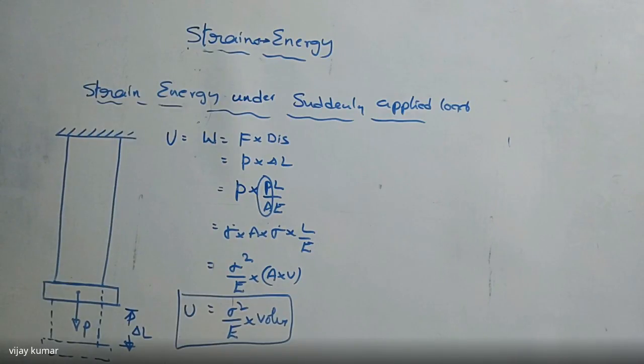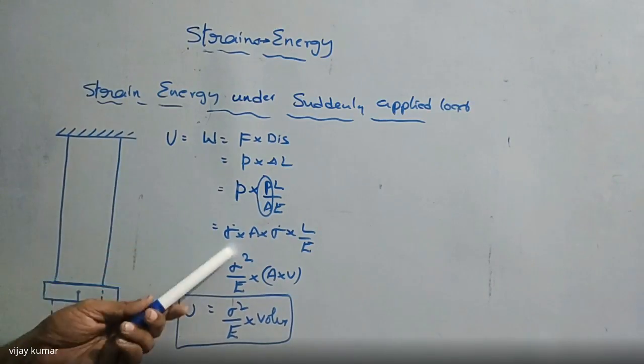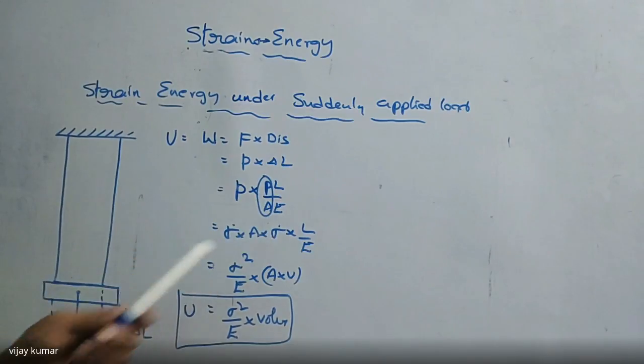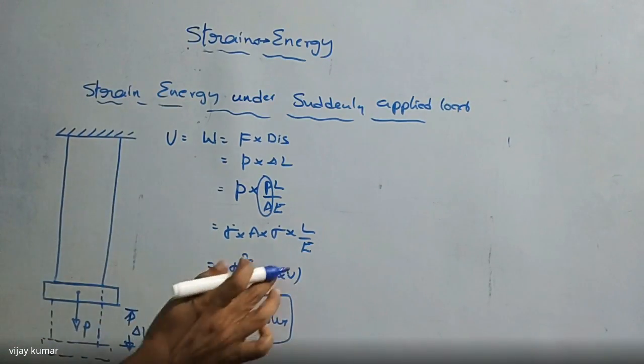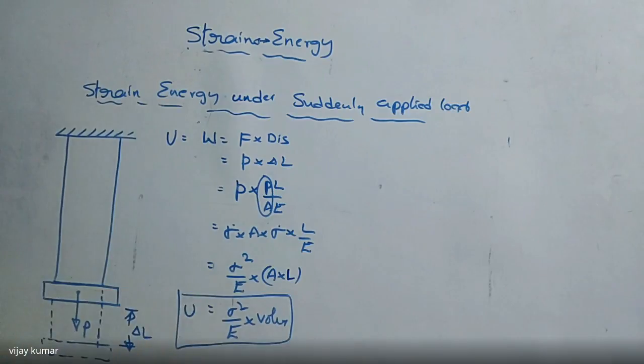Then we can write P is equal to sigma into area, and P by A is sigma, that is L by E. Then we can write sigma square by E into area into length. Area into length is volume. Then U is equal to sigma square by E into volume. This is the strain energy for suddenly applied load.